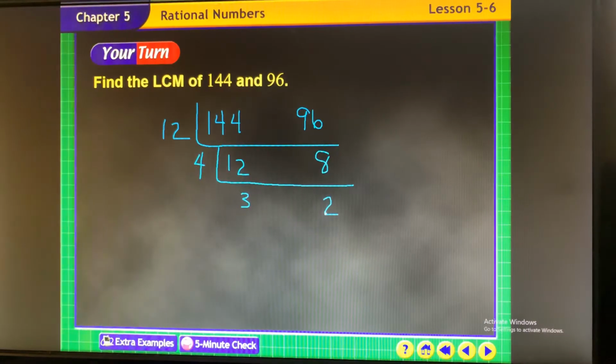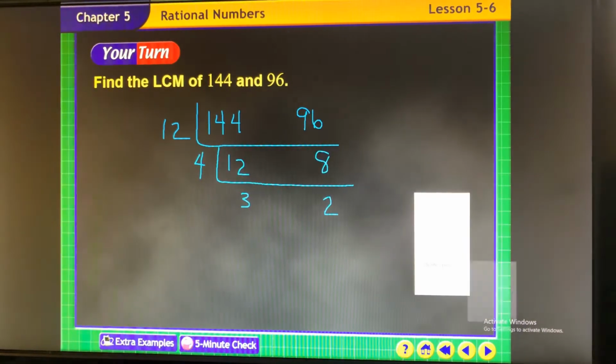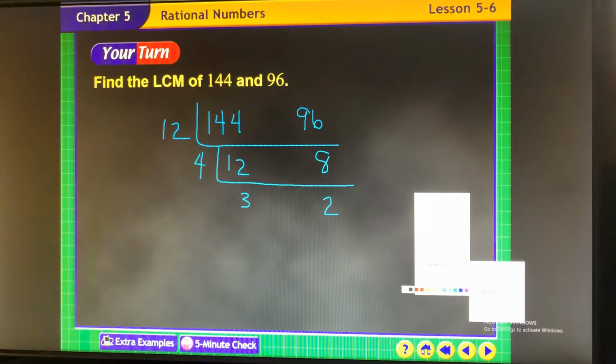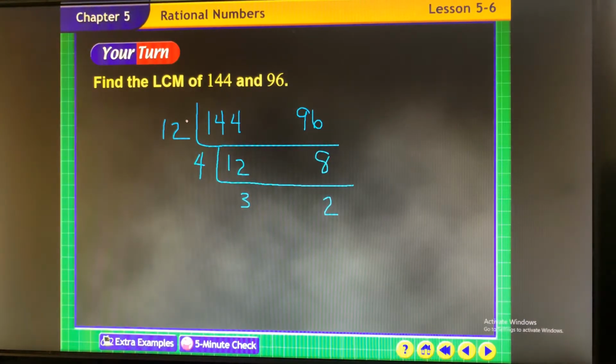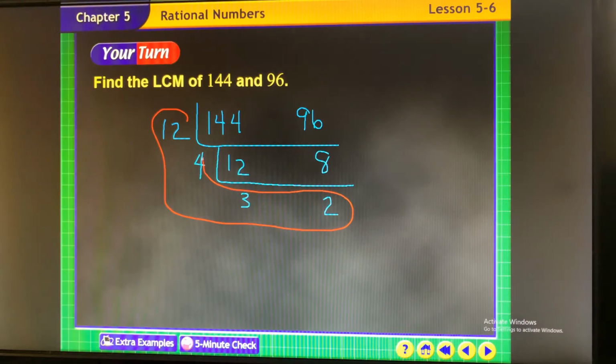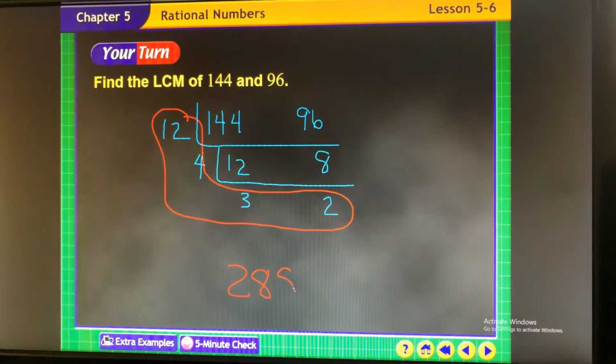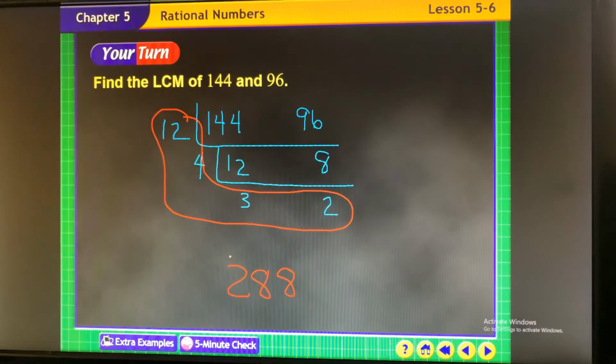Does anything go into 3 and 2? Nope. So you're finished, and all you have to do now is multiply 12 times 4 times 3 times 2, that big foot. So that is 288. That is your least common multiple. That's the first time that when we count by those numbers that they would cross.